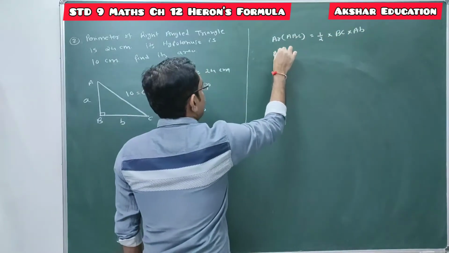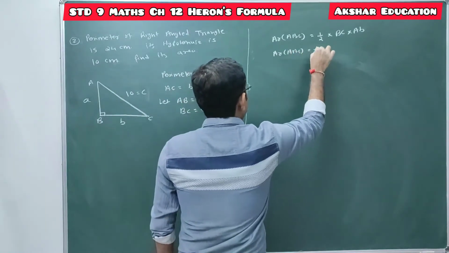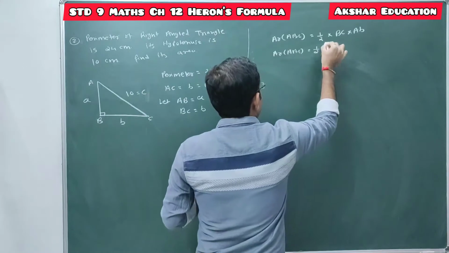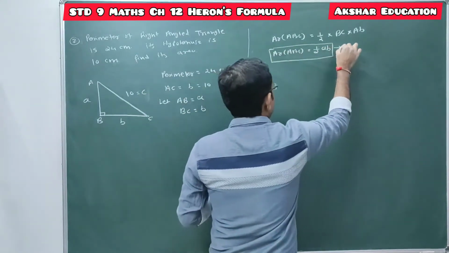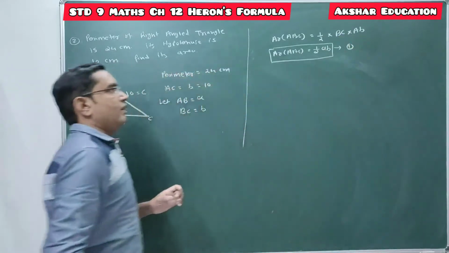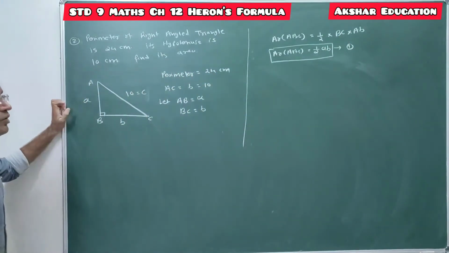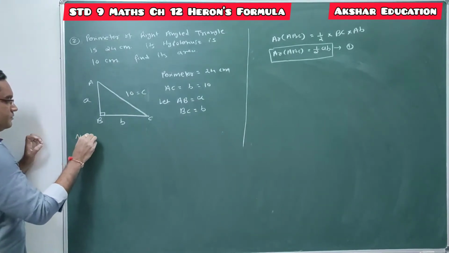So to find the area of this triangle ABC, what do we require? We require the values of BC and AB. This is our equation number 1. Now we'll try to find the value of this, the multiplication of a into b.